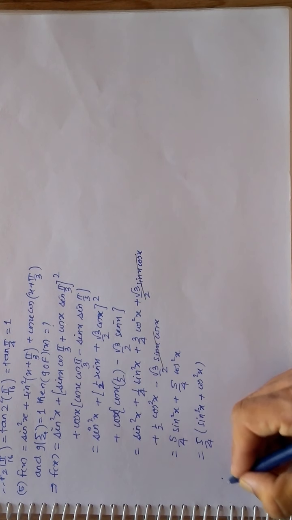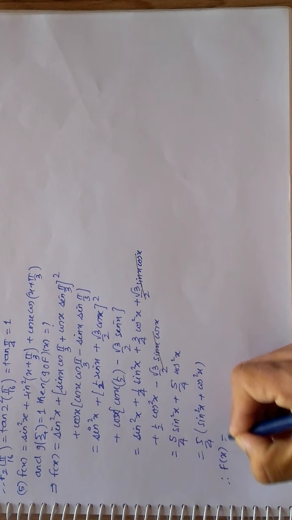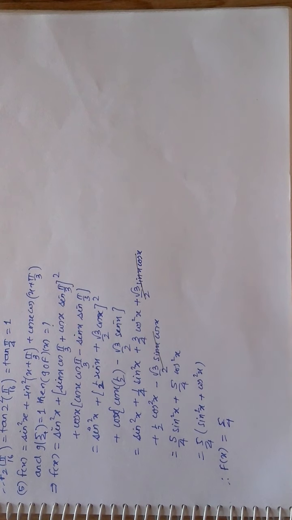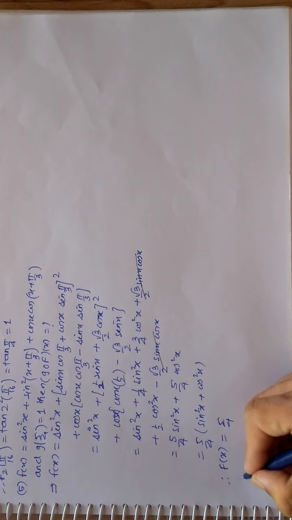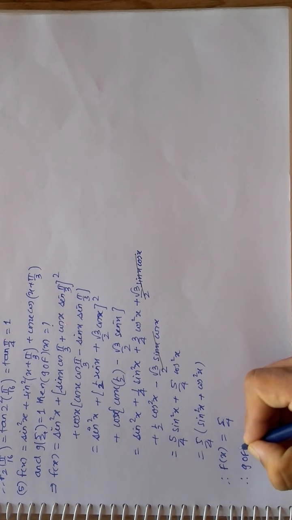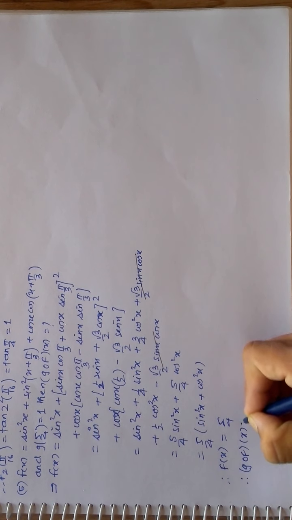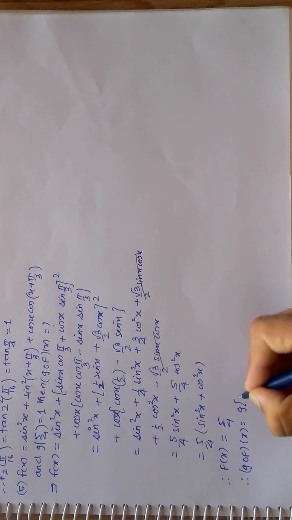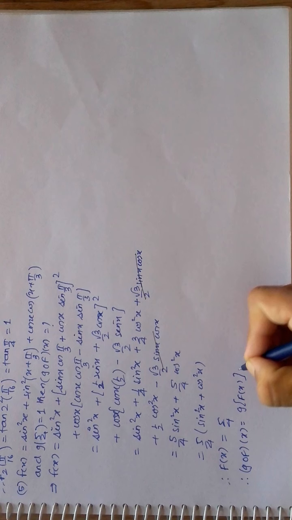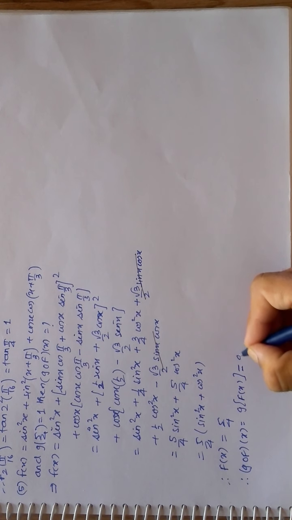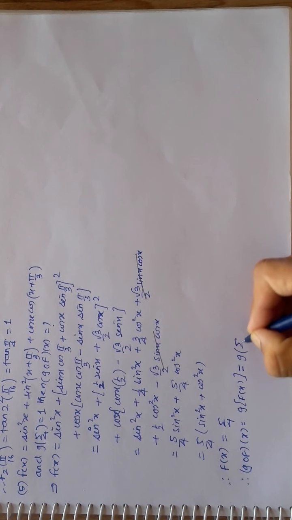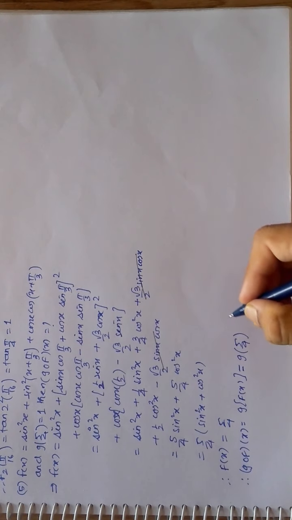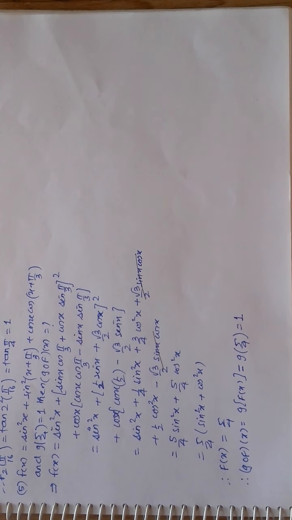That means the value of function f of x is 5 by 4. So therefore the composite function of g and f will be g of f of x. The f of x is known to you as 5 by 4 and g of 5 by 4 is given to you as 1. So the final result is 1.